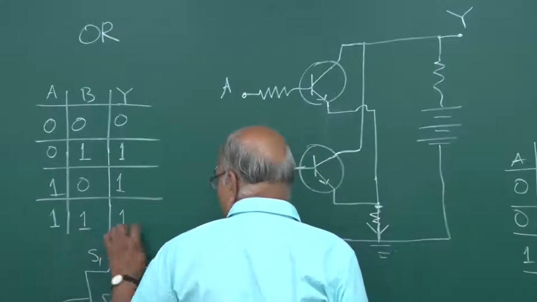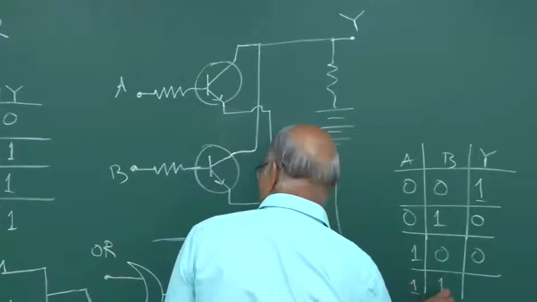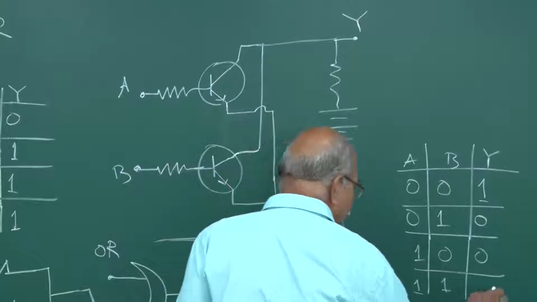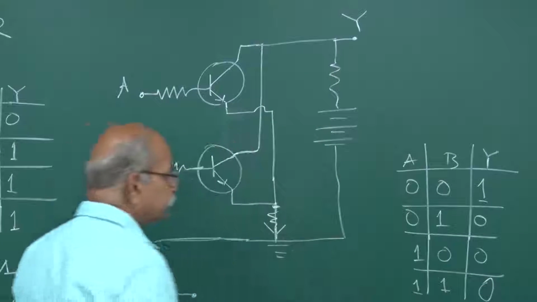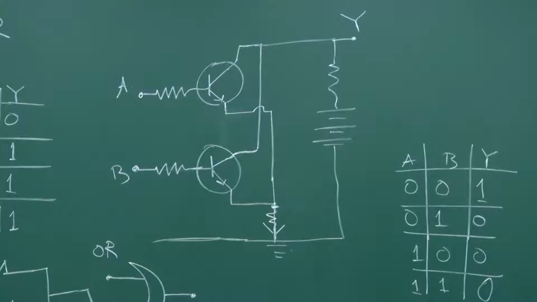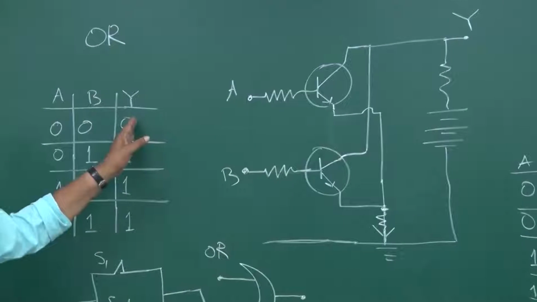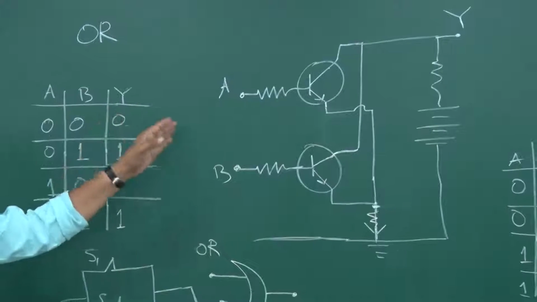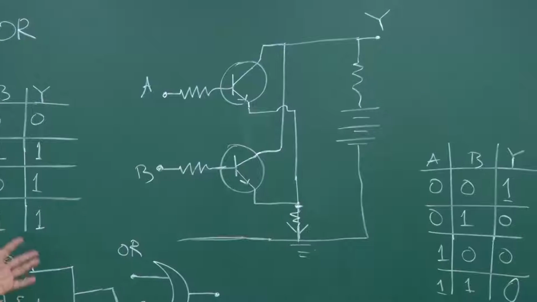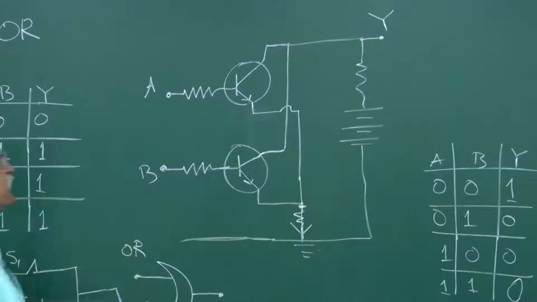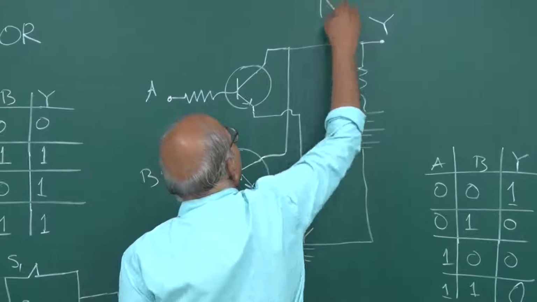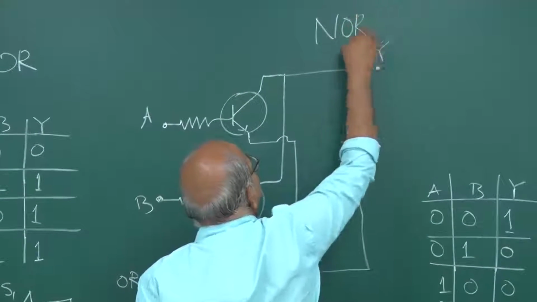And 1 1 was 1, so 1 1 will be 0. So wherever there was 1, it becomes 0. Wherever there was 0 in the output, that becomes 1. So it is NOT of this, and this is known as NOR gate.